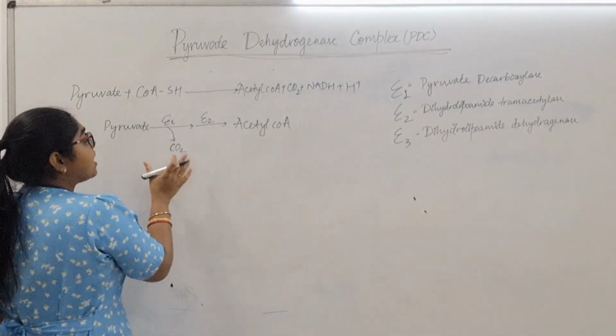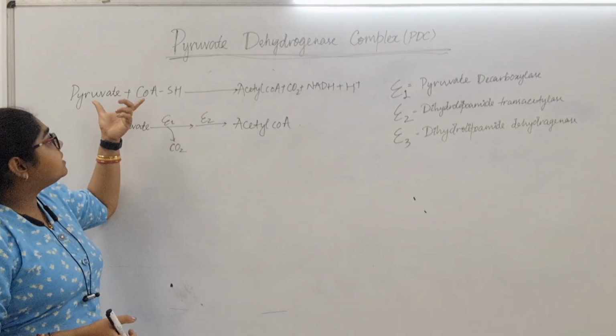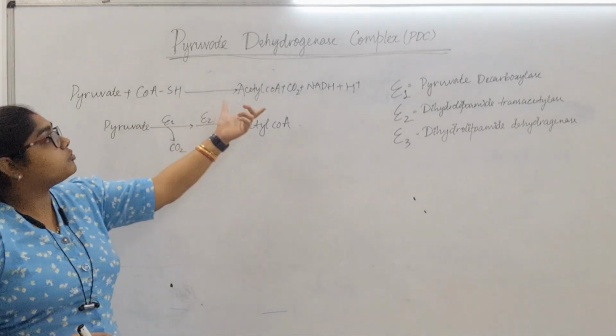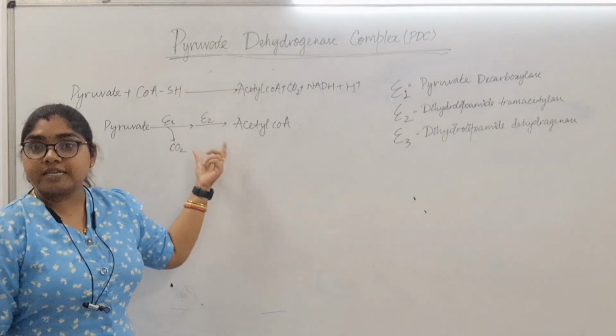Okay, so now the question is, this pyruvate dehydrogenase complex is taking a substrate this time, and the product should be acetyl coenzyme A. We are taking the E1 and E2 enzyme units.